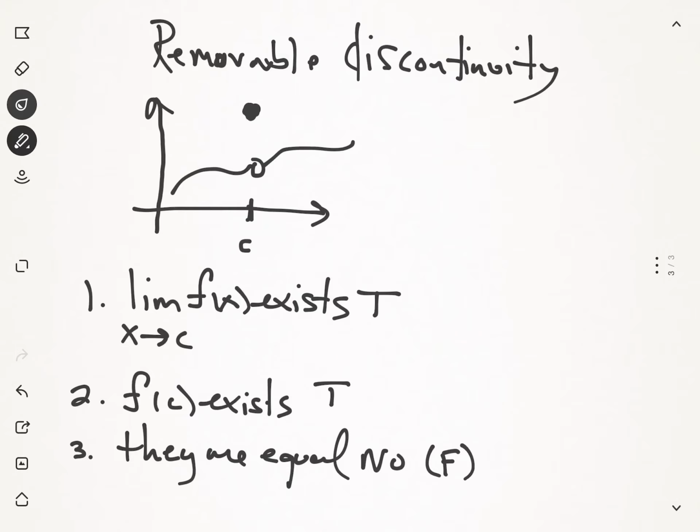Let me explain this one more time. Just because a function is not defined at a point does not disqualify it from having a limit, because by definition of the limit, all we're trying to do is approach the value. And that can occur if it's defined or not defined. We still have a limit.